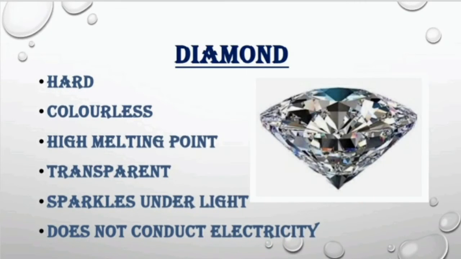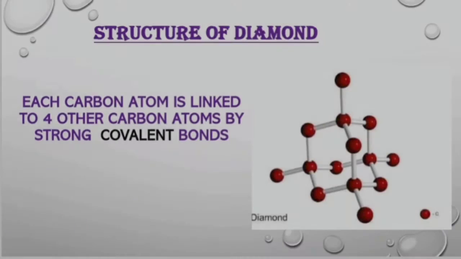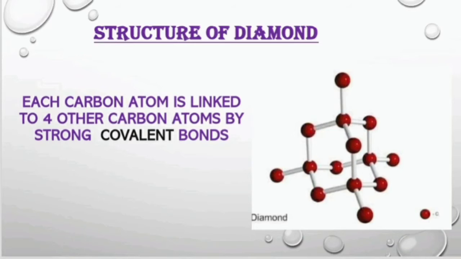We are all familiar with diamond, right? Diamond is very hard, it's colorless, it has high melting point, it's transparent, it sparkles under light and it does not conduct electricity. Now, as you are a chemistry student, you have to study about the structure of diamond.